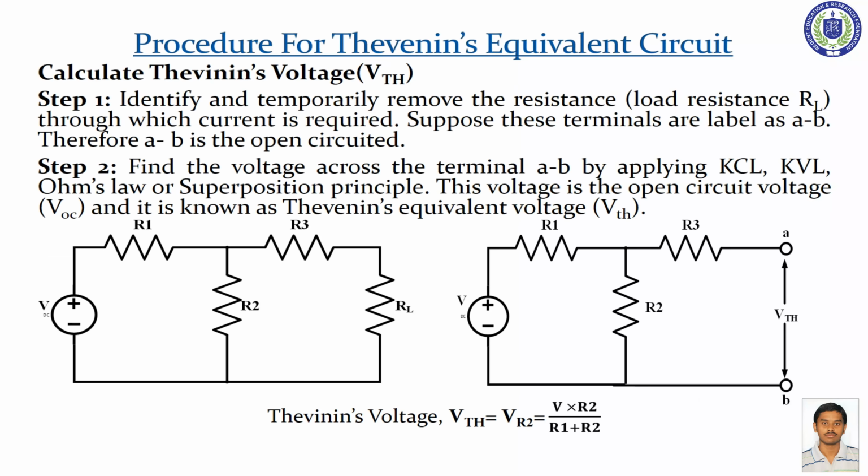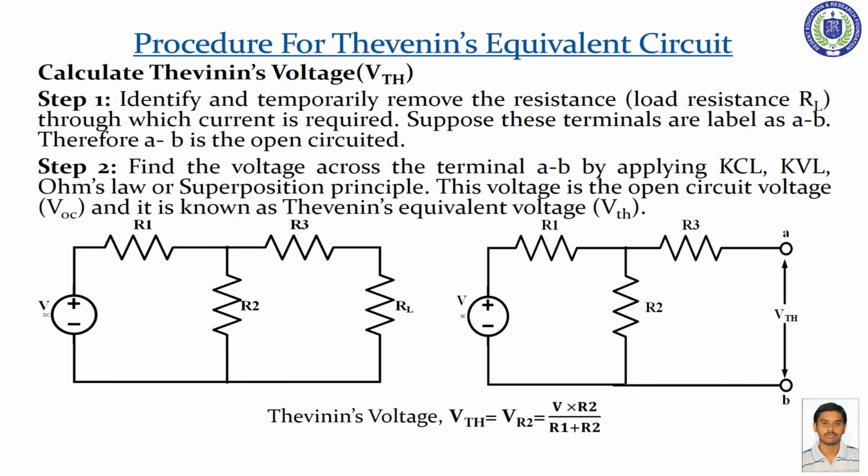Next, the procedure of Thevenin's equivalent circuit. First of all, we do not know VTH, the Thevenin's voltage, and RTH, the Thevenin's equivalent resistance. So the first step, we calculate the Thevenin's voltage VTH.